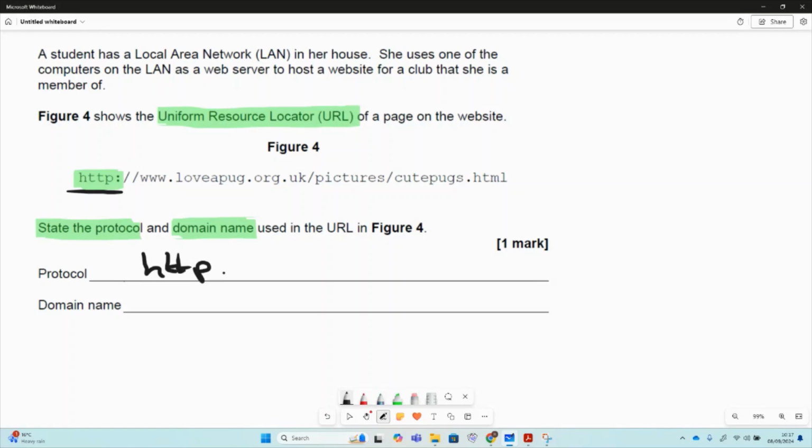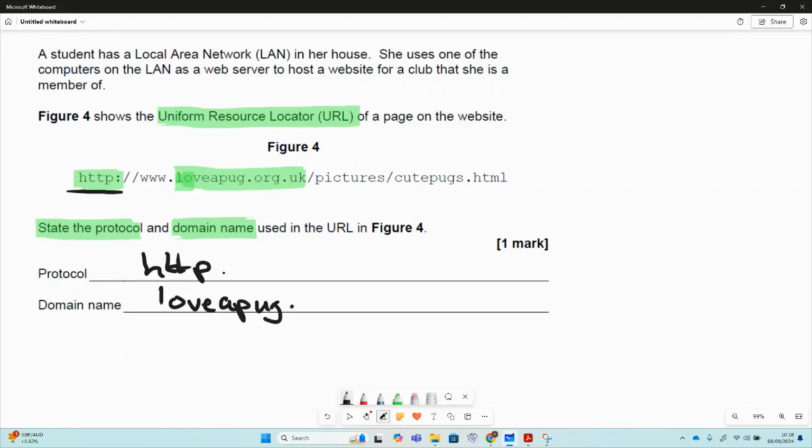The other thing, the domain name here is loverpug.org.uk. That's the actual domain name. So the thing that we need to avoid is writing down www. because lots of people decided that was a good idea, and it's not, because it's not part of the domain.